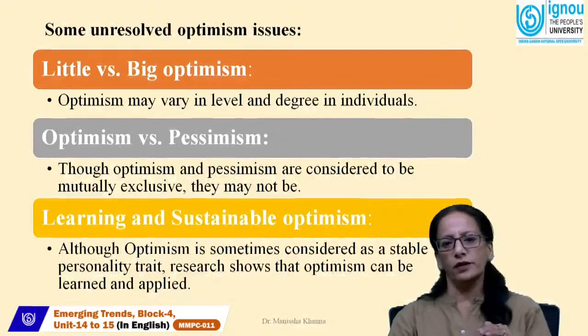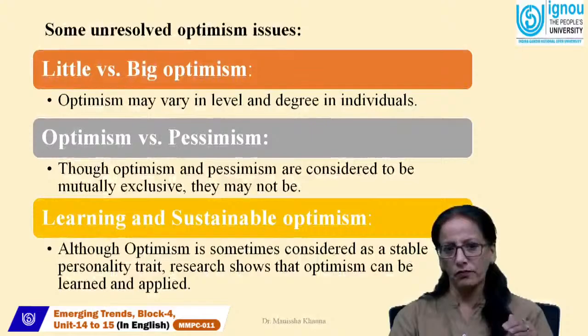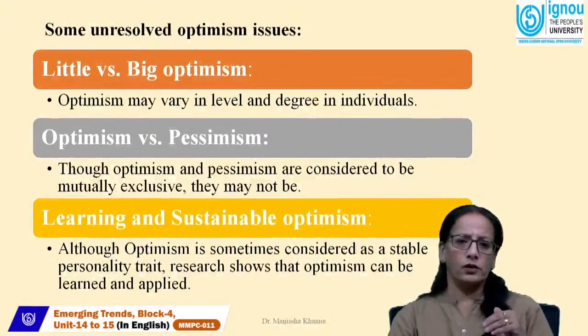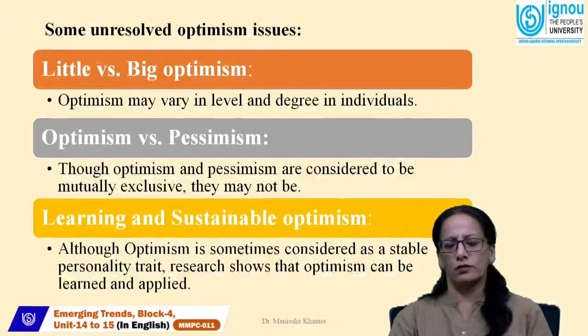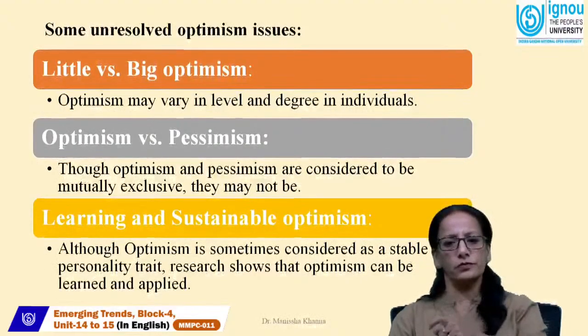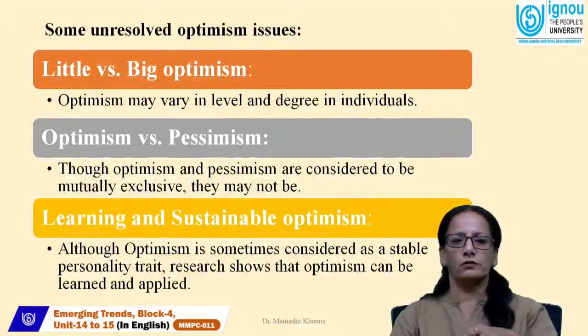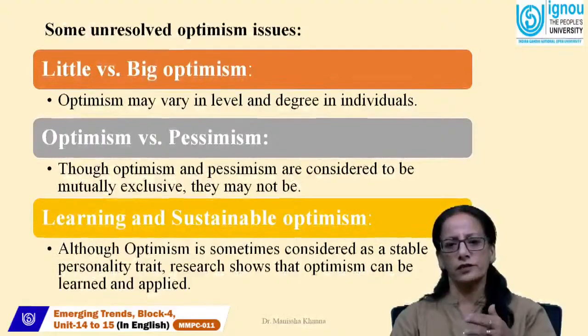They have very little hope for the results, or whatever is happening in their area or surroundings. So this depends on the person and the situation, and on how they treat this level.